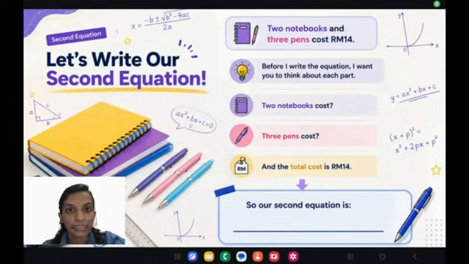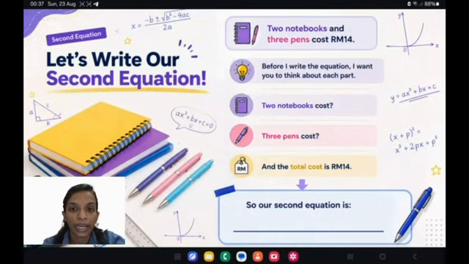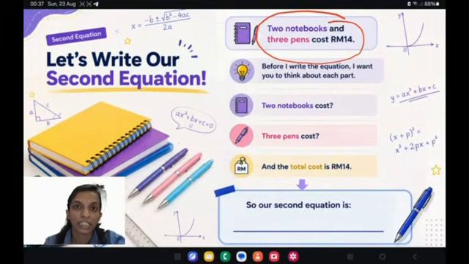Let's use exactly the same reasoning for the second statement. Two notebooks and three pens cost RM14. Before I write the equation, I want you to think about each part. So two notebooks cost what? 2x.